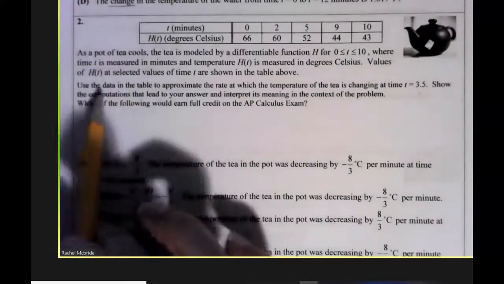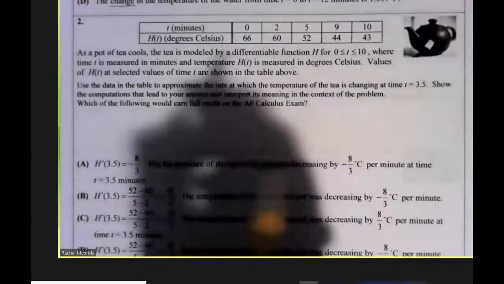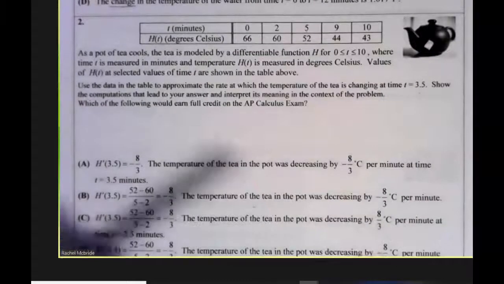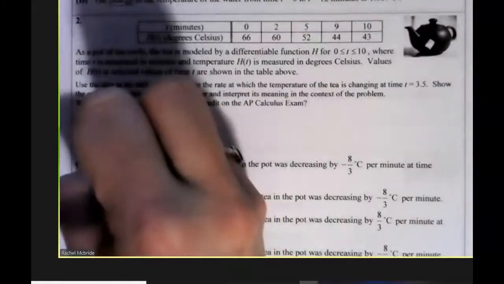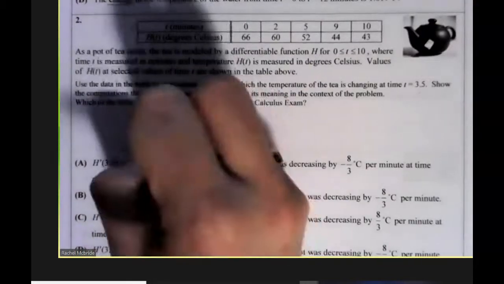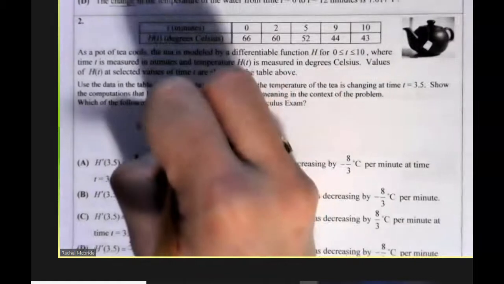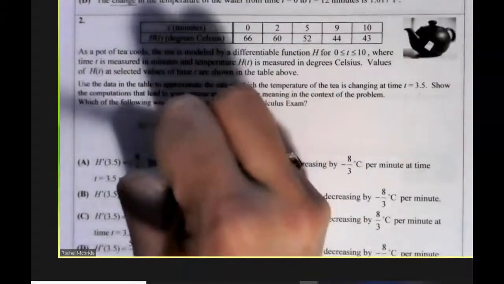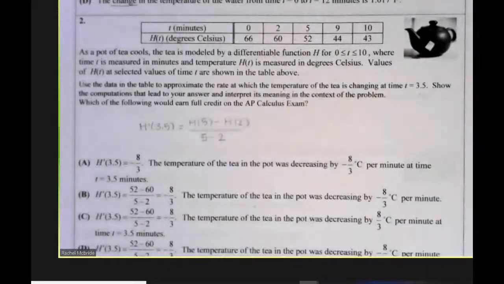Because again, it says use the table to approximate. So approximate means that average or predictable. So to get h prime of 3.5, you're taking the numbers to the left and right, which is h of 5 minus h of 2 over 5 minus 2.